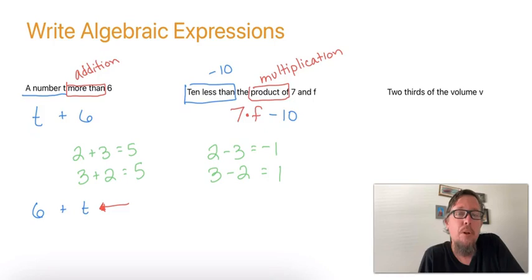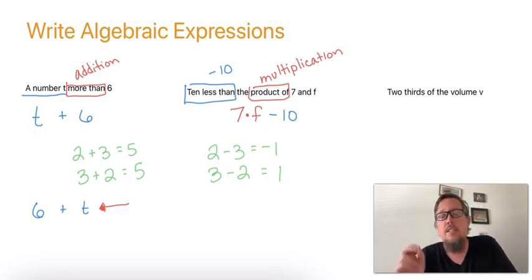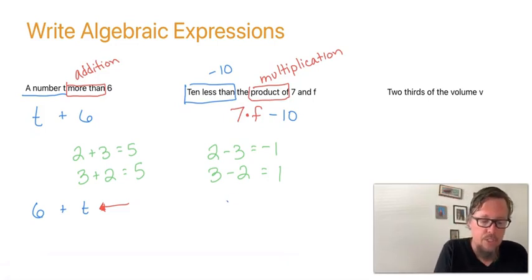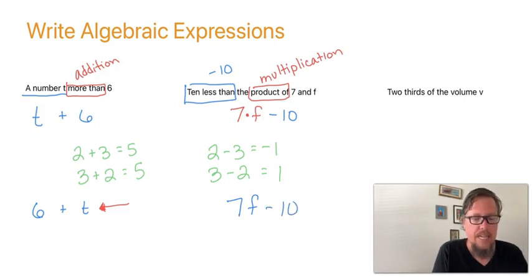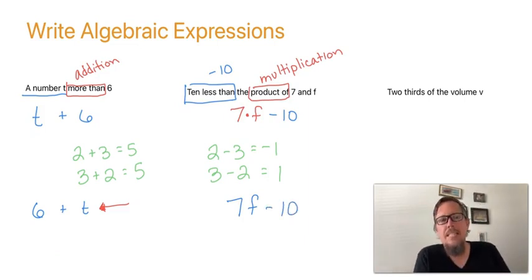So this 7 multiplied by f is fine to write with the dot in the center, or even you could do the old school multiplication symbol, the x, if you want to, that's fine. But the most efficient, the most mathematical way to write it is to just do 7f minus 10. That means 7 multiplied by f minus 10, or the way the sentence was originally written, 10 less than the product of 7 and f.